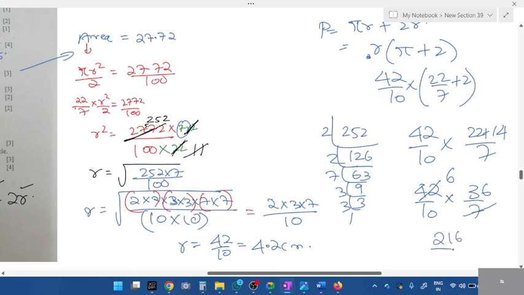So you get 216 divided by 10. If you use shifting method, you get 21.6 centimeters, students. Perimeter is 21.6 centimeter.